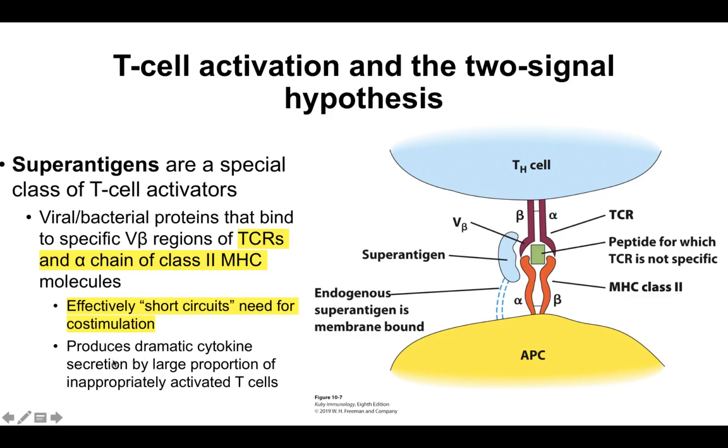This can be helpful for the pathogen, so that you have a T cell response going in the wrong direction. The superantigen binds to the beta chain of the T cell receptor and the alpha chain of the MHC molecule.